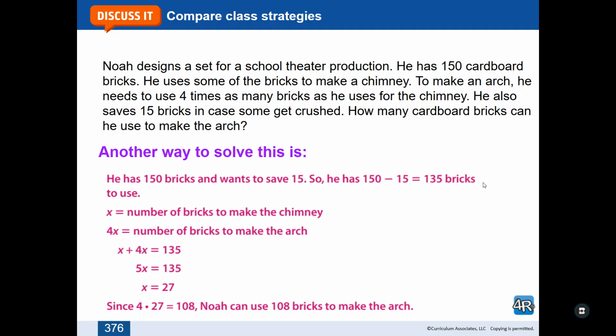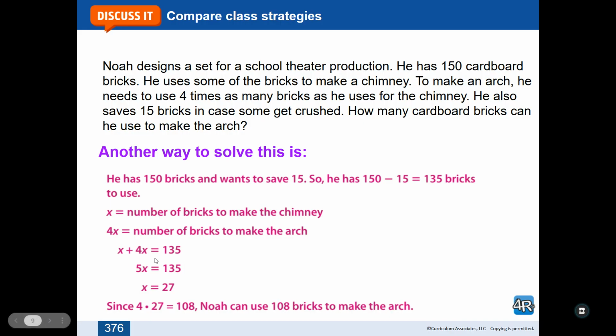That's a total of 135 bricks he's going to use to make the 2 structures. We're going to let x equal the number of bricks he uses to make the chimney. And up here it says he uses 4 times as many for the arch. So 4x is the number of bricks to make the arch. So we get x plus 4x equals 135.